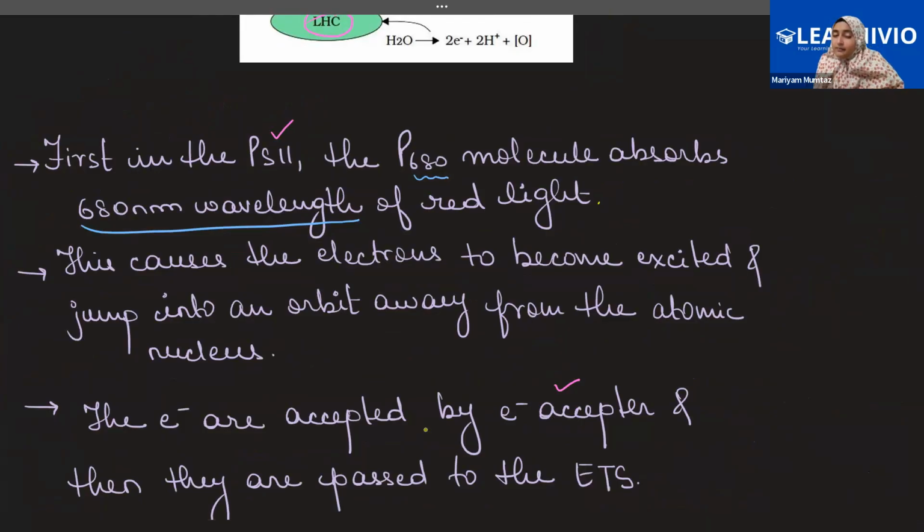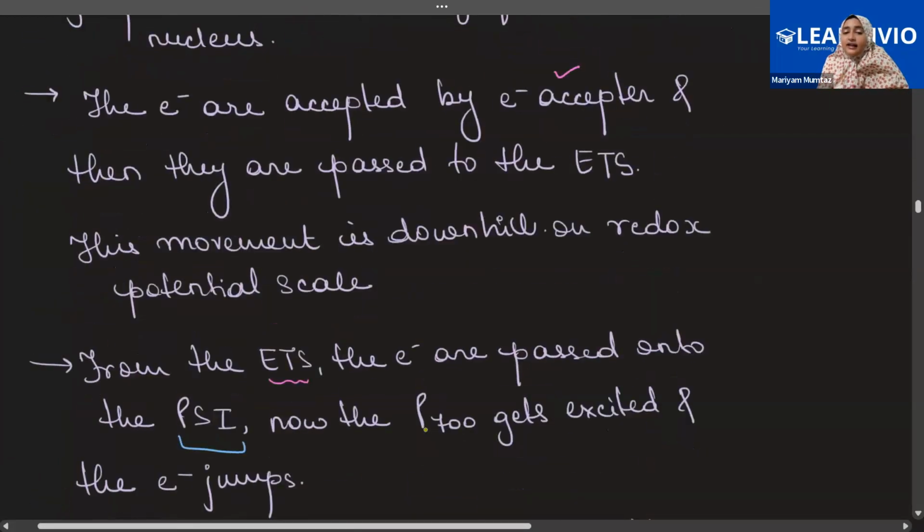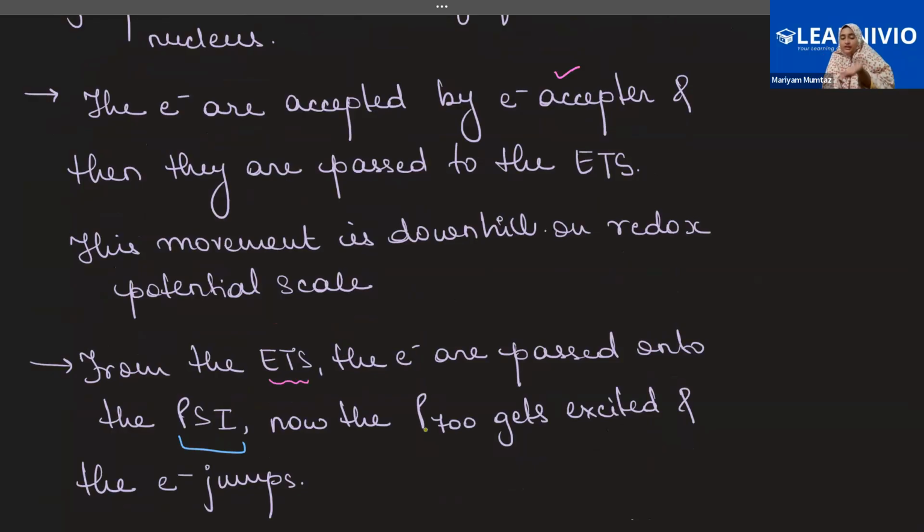Whenever they are jumping, they are accepted by the electron acceptor and then sent to the ETS. This movement is downhill. Always remember, when it's going up, that movement is uphill. When it's coming down, that is downhill movement. So this particular movement is the downhill movement on the redox potential scale.